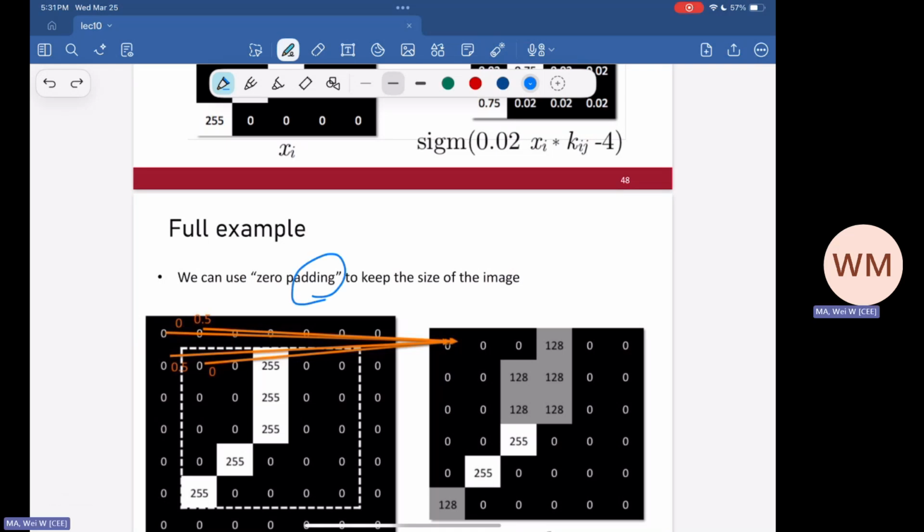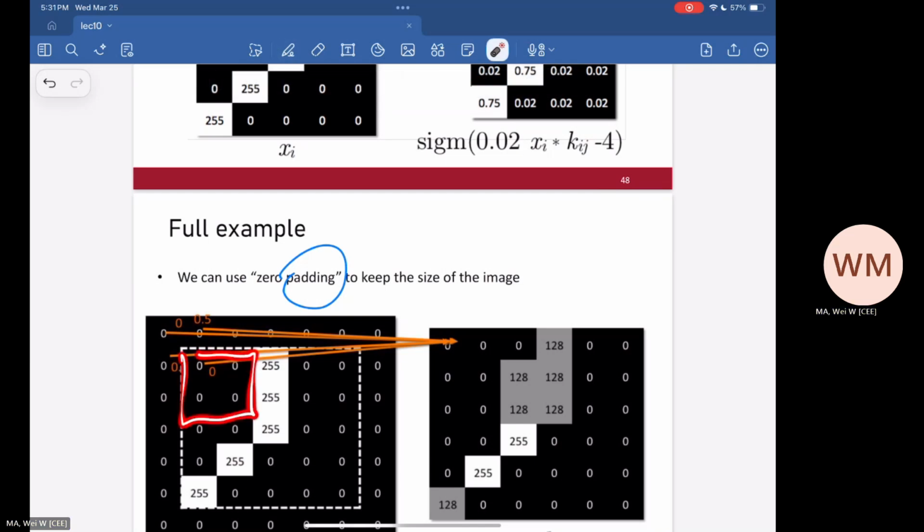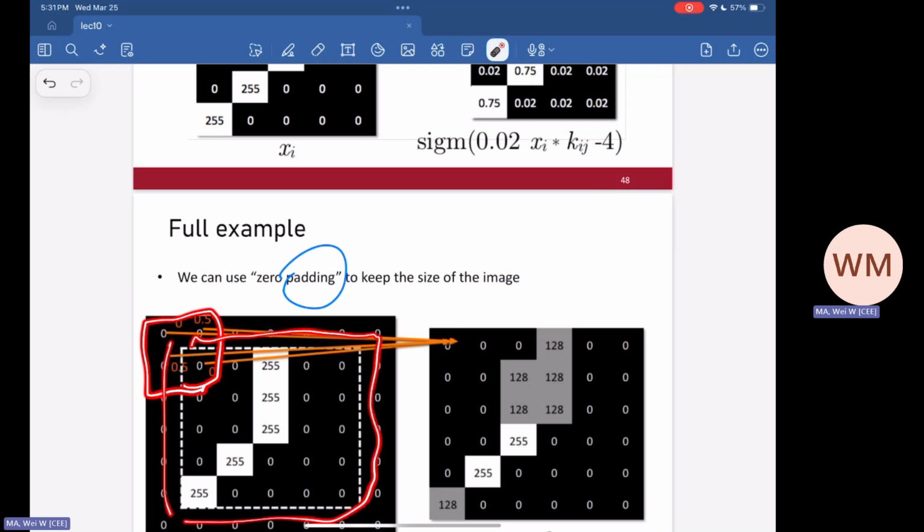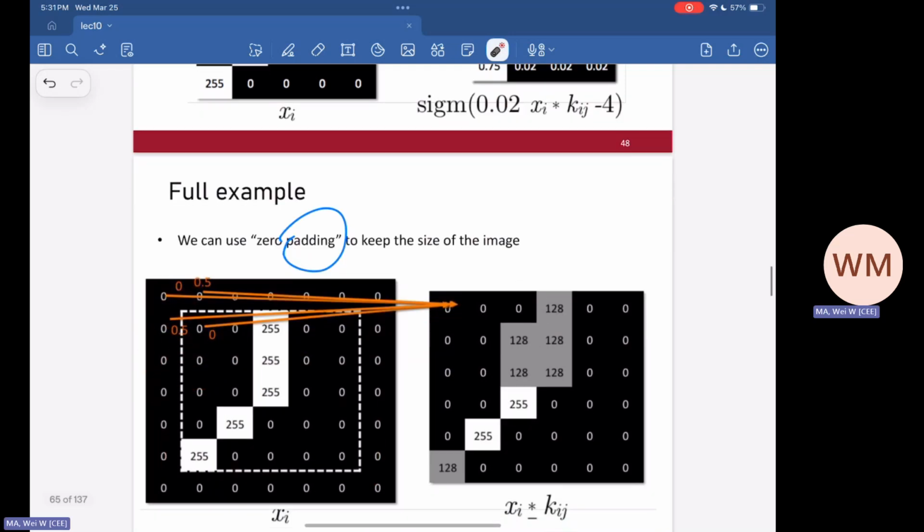Padding means that you don't start from here, you start from here. You pad the 0 for this matrix, and then you calculate. So basically you make this matrix larger, and then the final output will be the same as the original matrix. Okay, so this is one technique.